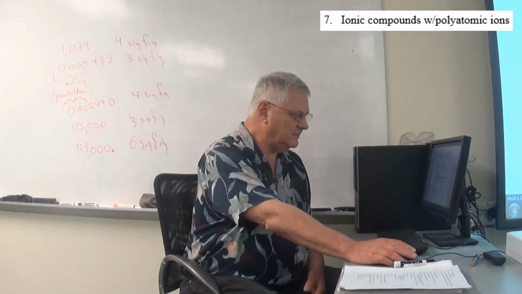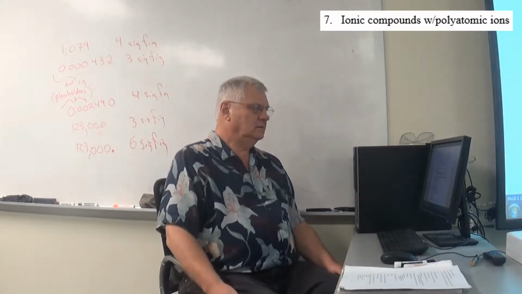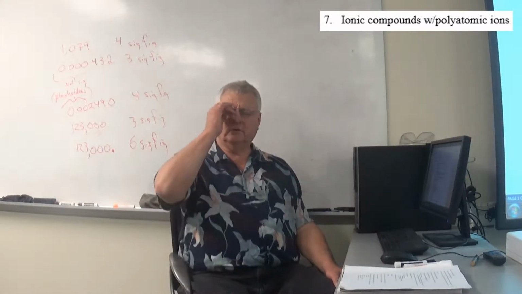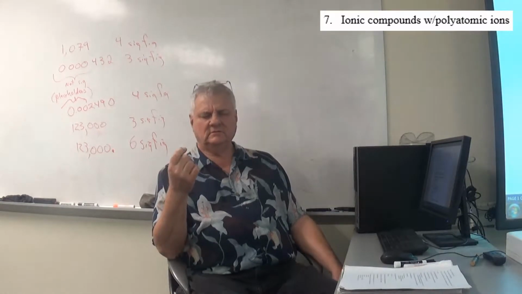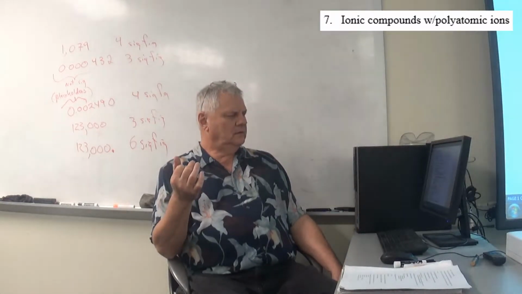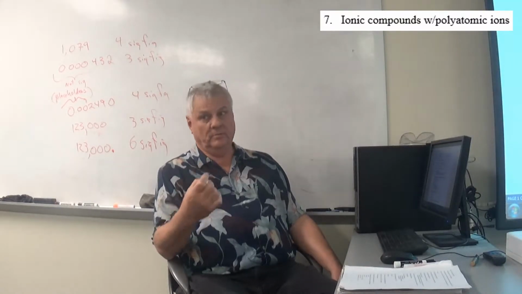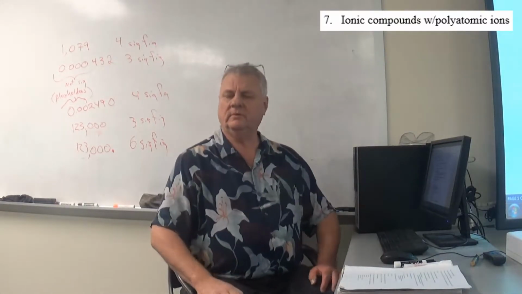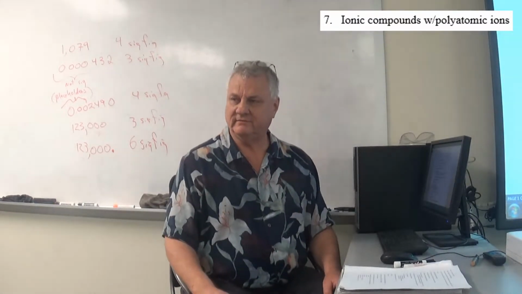As far as the main group elements, the group number tells you, for the alkali metals, group 1A, and the alkaline earths, group 2A, and aluminum that's in 3A, one of the things it tells you is the charge of the cation that it forms.